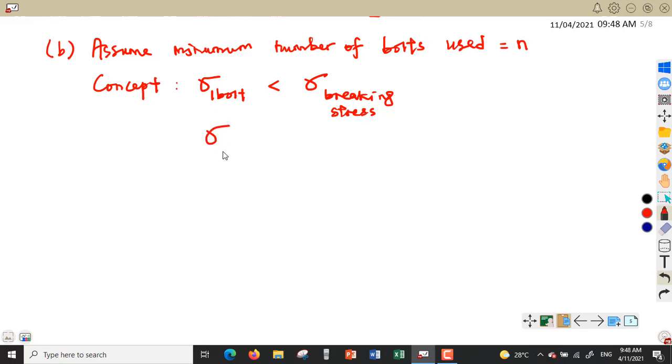So stress of one bolt will be less than the value of breaking stress given in the question, which is 5 to the power of 8 Pascal.